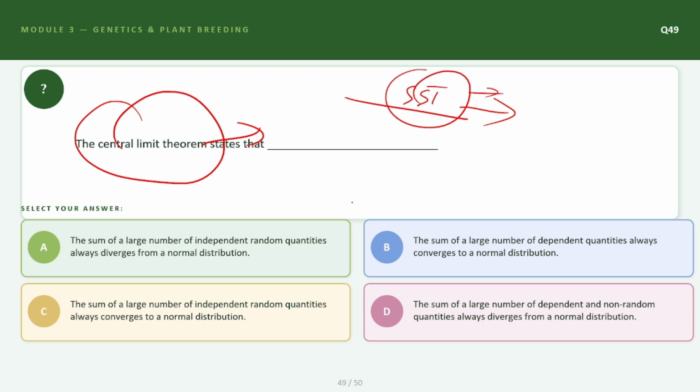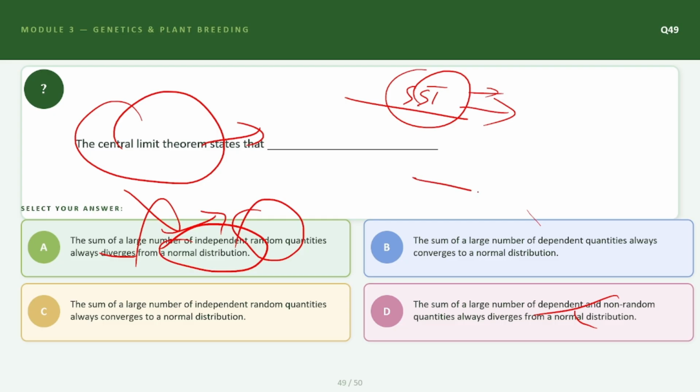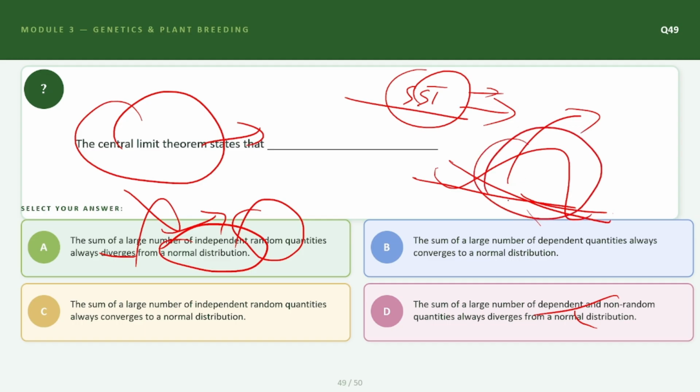See, normally, you should have independent random quantities. Wherever there is non-random, you just cancel those options. Okay. Then the sum of a large number of independent random quantities always diverges from normal distribution. It's not that. The theorem says if there is a normal distribution and you take random samples from this distribution, it also gives a normal distribution.